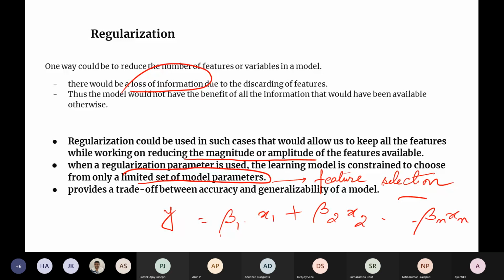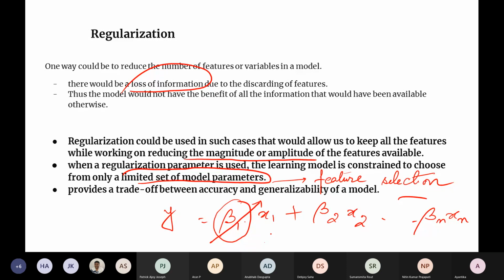If you are getting some weights tending to 0 or almost 0, you are basically removing these weights. You are setting these weights to 0. You are removing these features.